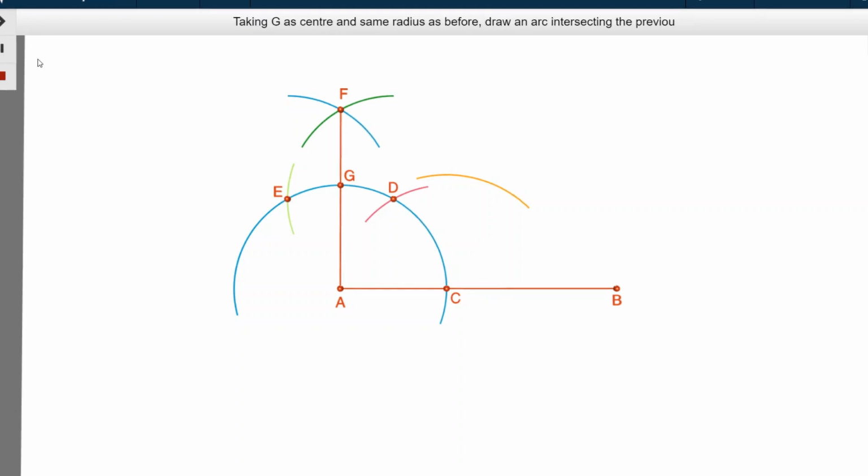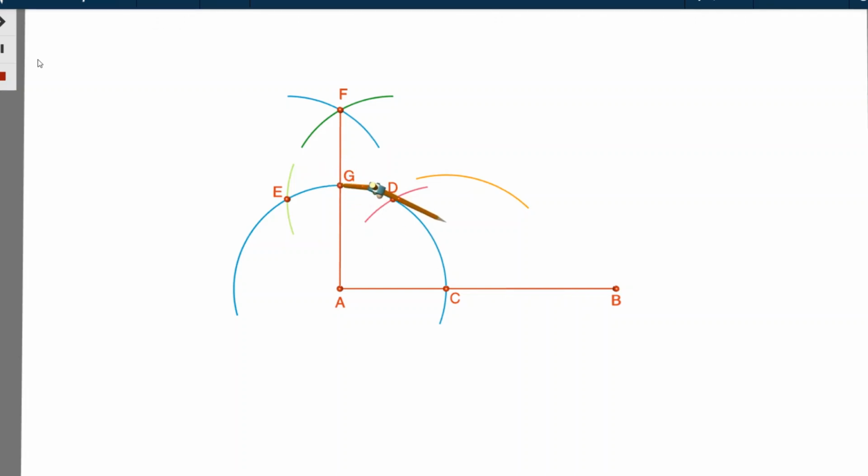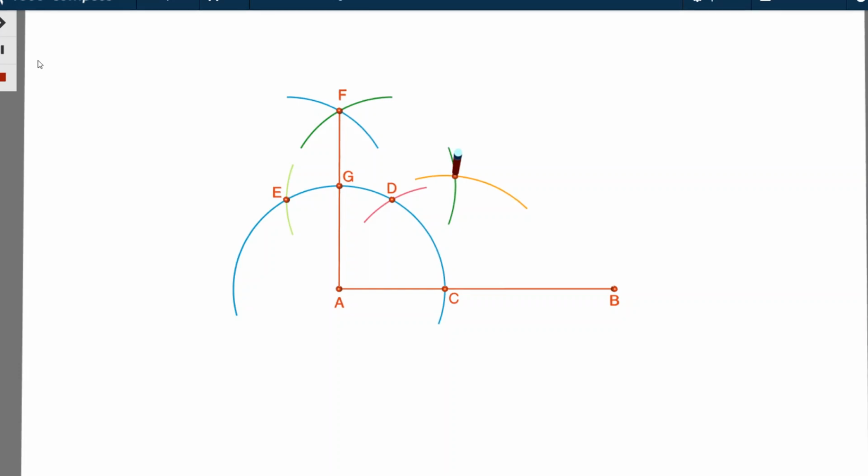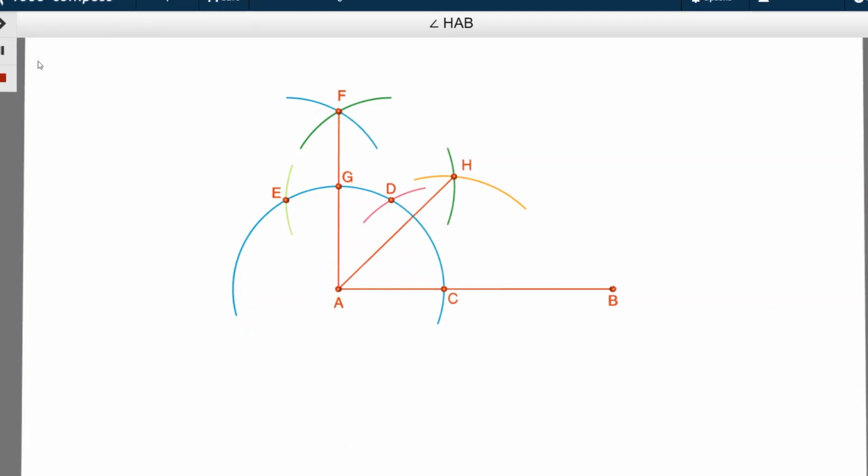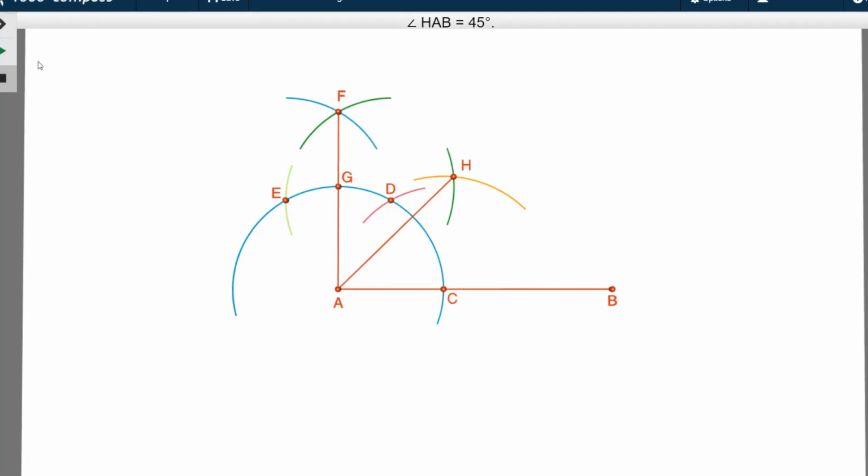And with center G and the same radius, draw an arc to intersect the previous arc. Mark that point as H. Now join AH. Now we have bisected arc GC. Angle HAB equals 45 degrees.